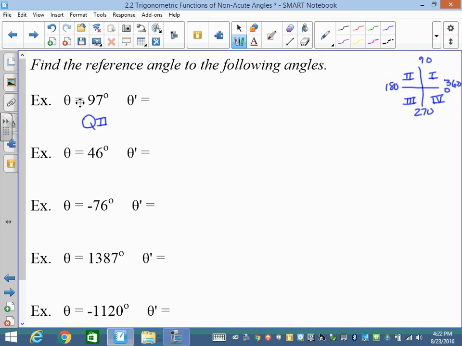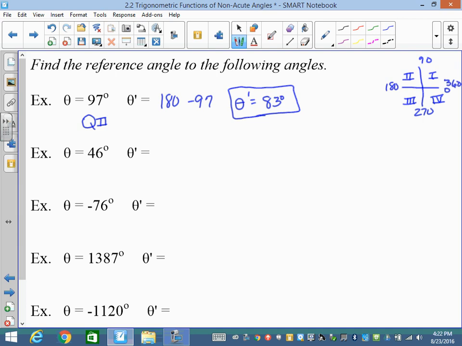So our angle is 97 degrees, so our reference angle is going to be 180 minus 97. So theta prime equals 83 degrees. You should always, always, always get a quadrant 1 angle out of this.